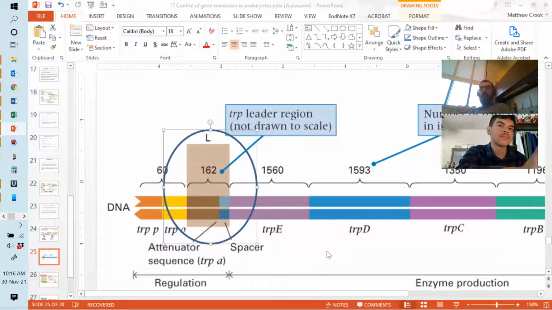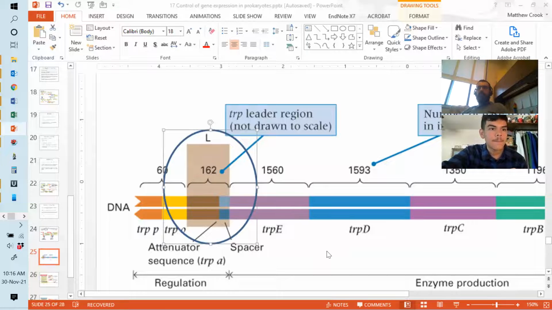So as soon as you get enough mRNA produced for the ribosome to bind to the start codon, it will begin to be translated. Okay, so we're making the leader region mRNA. As soon as a bit of that is produced, we're going to start translating that leader region into that short, non-functional polypeptide.